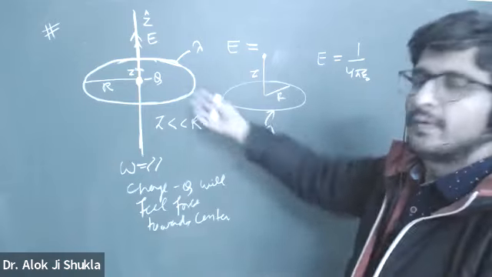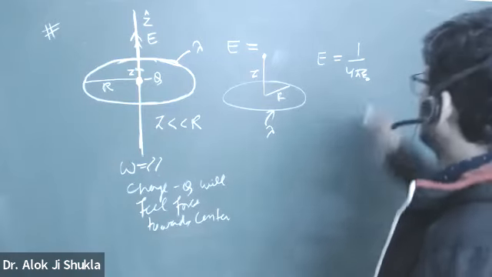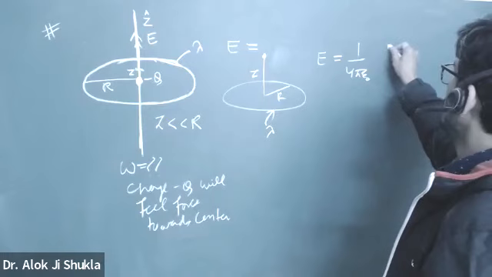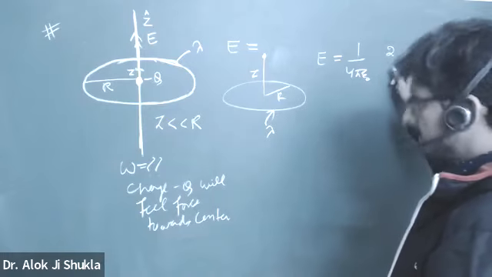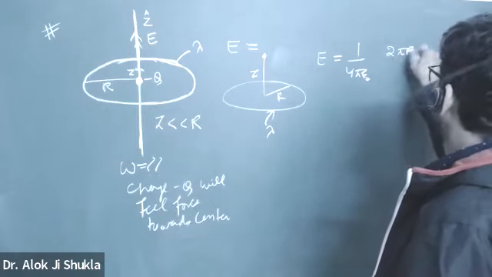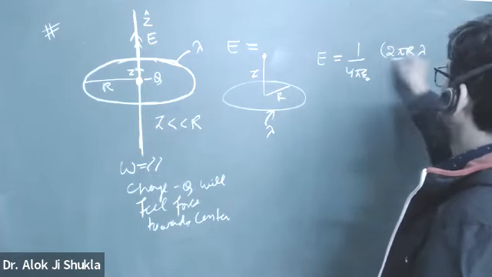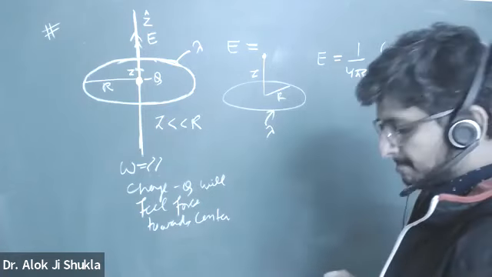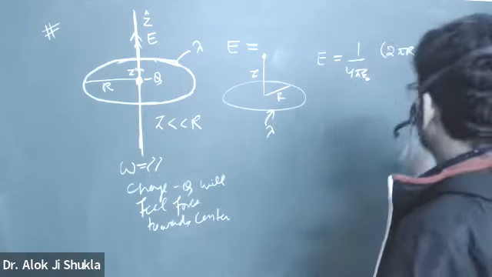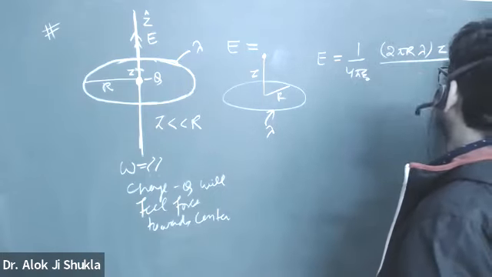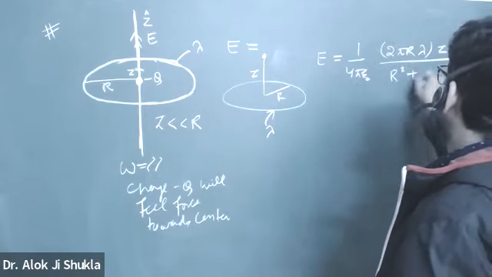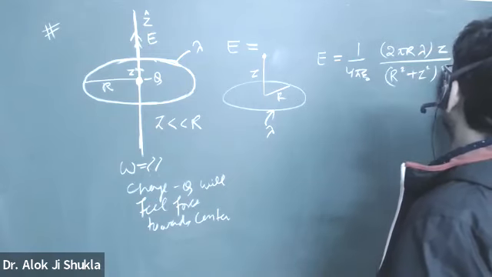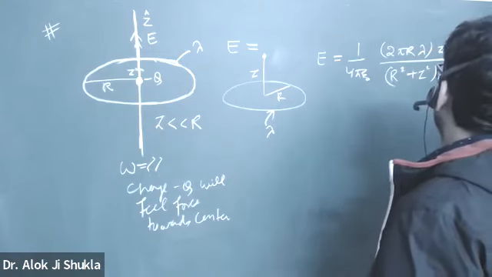जब दूर चले जाएंगे तो it will behave like a point charge ना. तो 1 by 4 pi epsilon naught Q. So Q कितना होगा? 2 pi R lambda, by Z, R square plus Z square whole power 3 by 2.